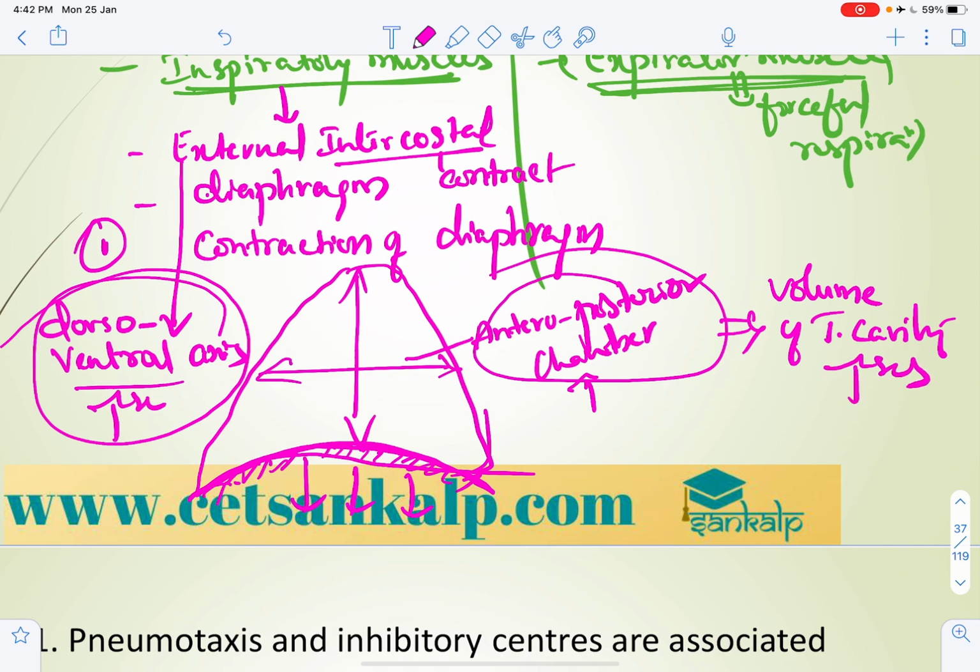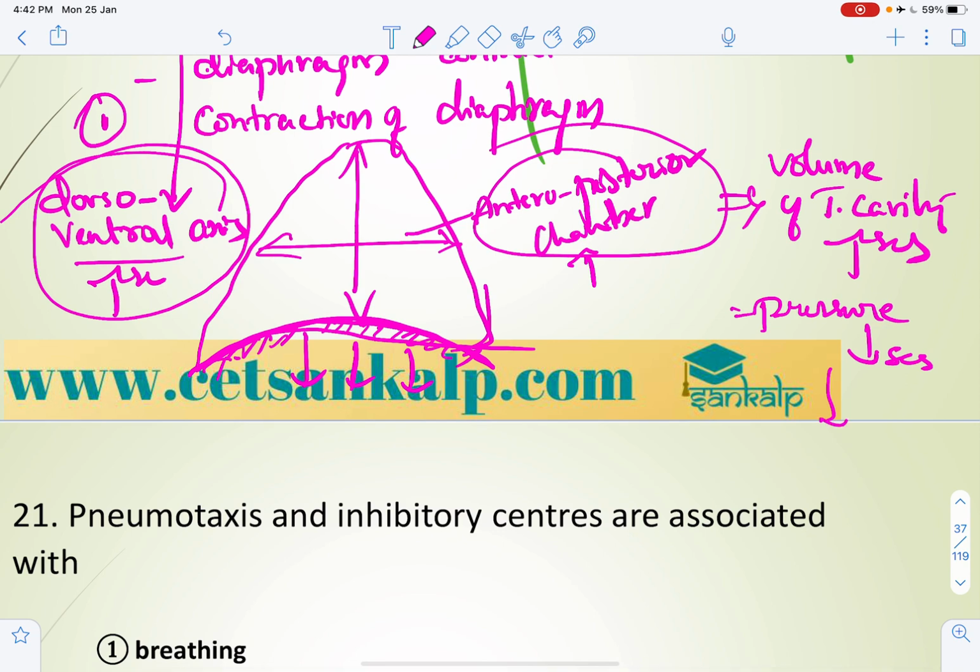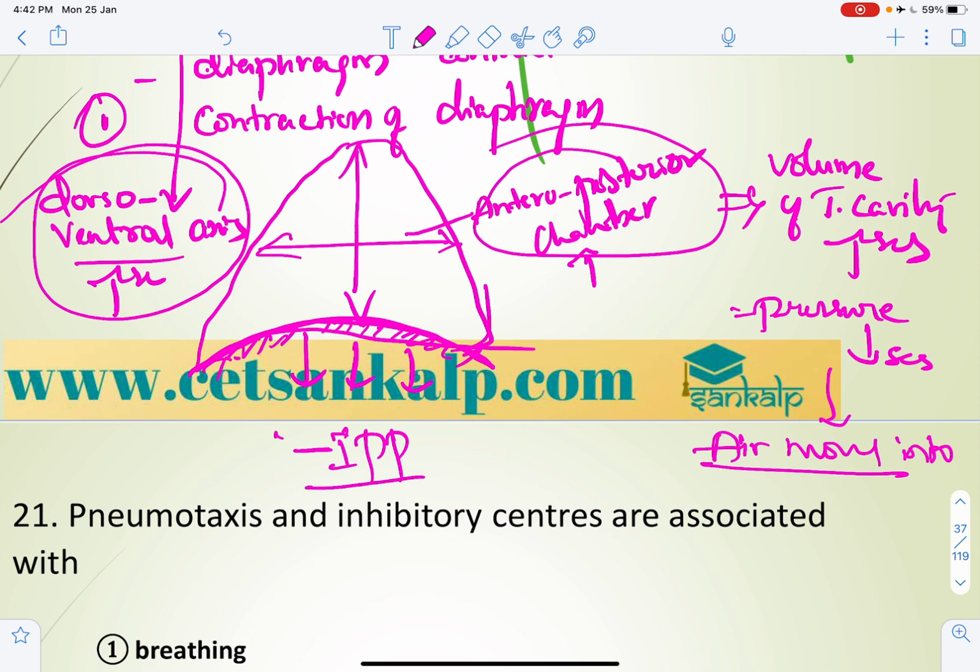As we all know, when the volume increases, pressure decreases, the intrapulmonary pressure decreases. That is a very important thing. Hence air moves into the lungs. So the negative pressure, or the intrapulmonary pressure, IPP, plays a major role in inspiration.